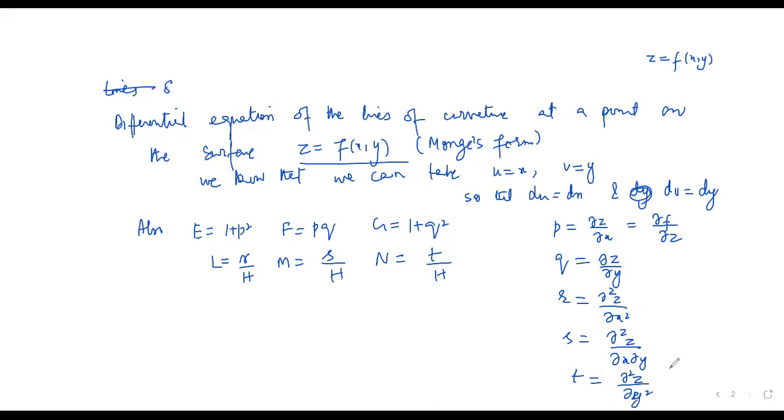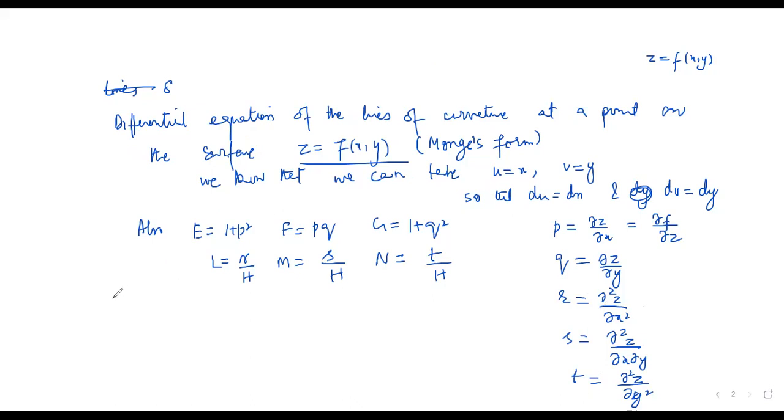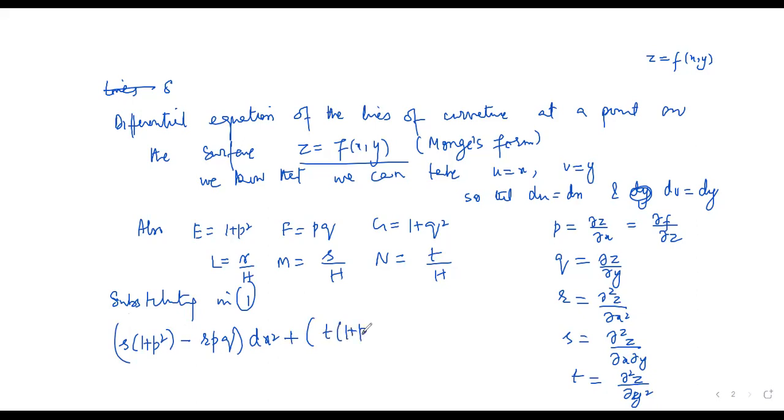So अगर मैं इसको substitute करूं, so if we substitute that into equation one, I will get the differential equation as s into (1 plus p square) minus r p q, whole multiplied by dx square, plus t into (1 plus p square) minus r into (1 plus q square), into dx dy, plus t into p q minus s into (1 plus q square), whole multiplied by dy square.